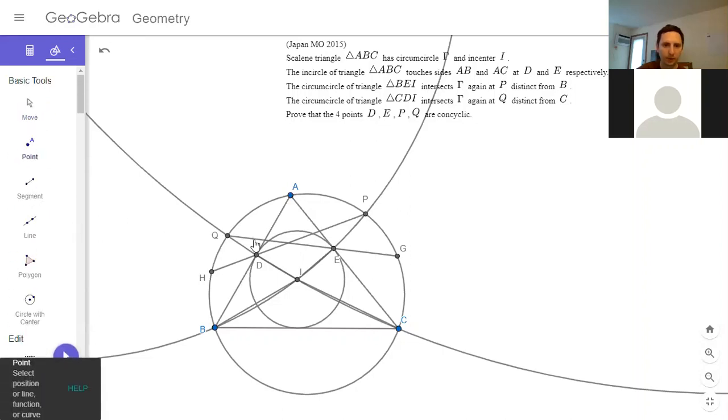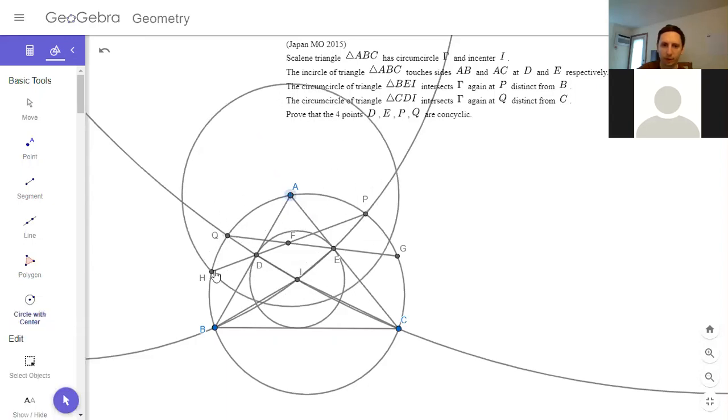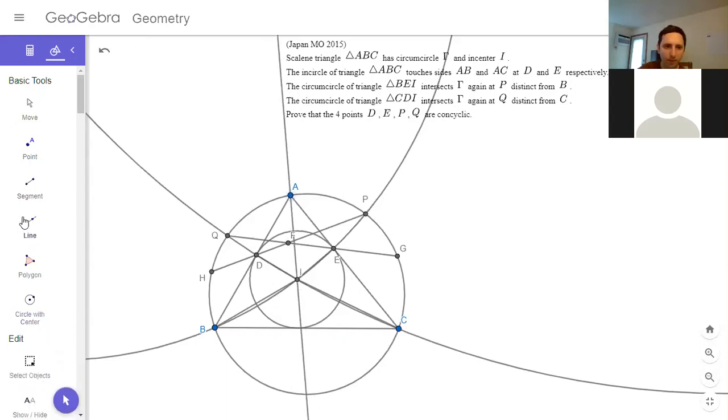Maybe it's worth labeling this intersection point. So that would mean AH is equal to, oh no. Is it true that AI is perpendicular to GH? I would think if that were, oh yeah, no, that could be true. Yeah, I'm sorry.